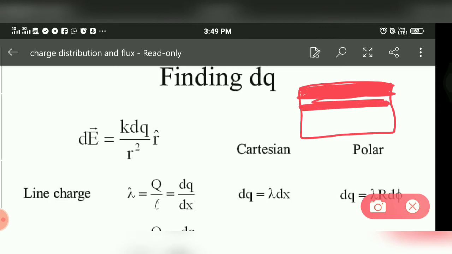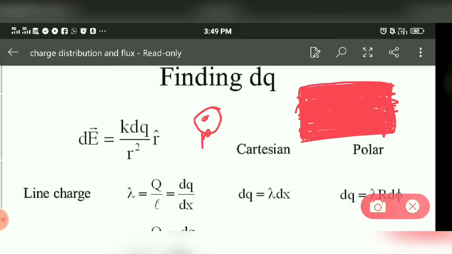Everywhere I colored it, charge is present over the sheet, completely covered with charge. This is the point P. I want to find the electric field at point P due to the complete charge on this sheet.